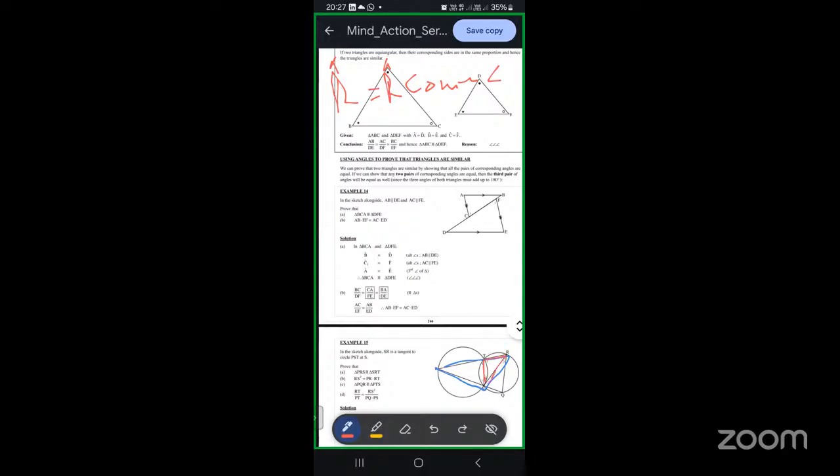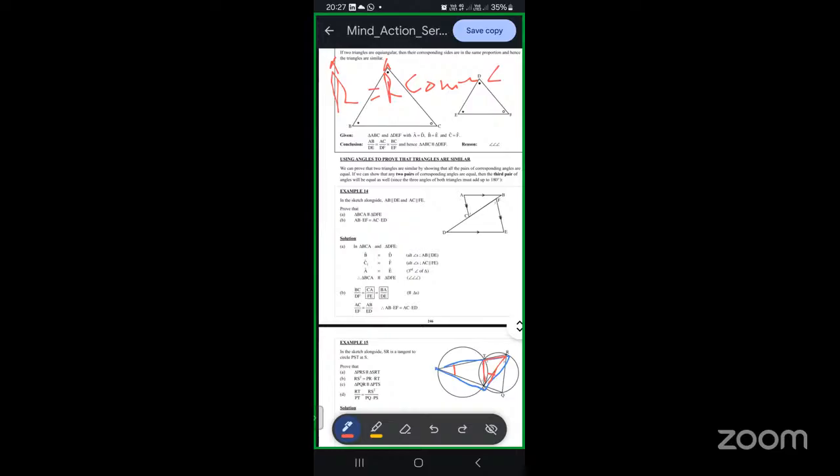Then angle S2 is this one, and it is equal to angle P because of the tan chord theorem.